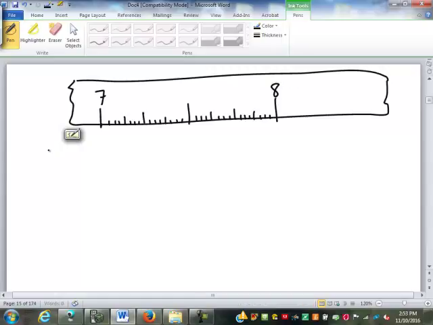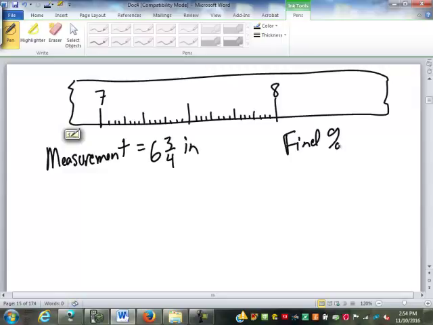So we report a measurement of 6 3/4 inches. Find the potential percent error in that measurement.